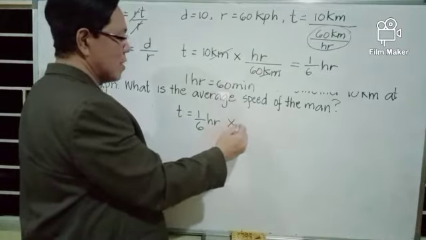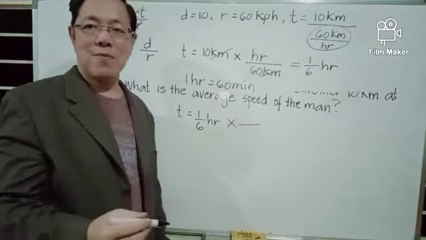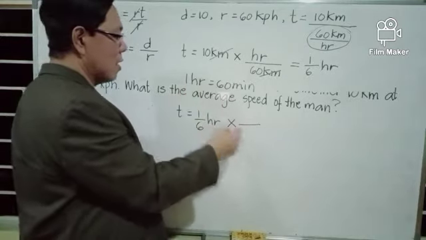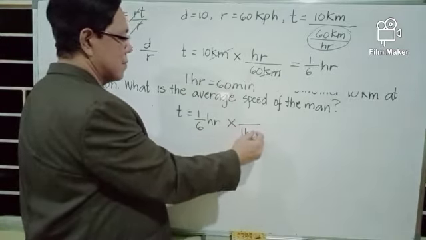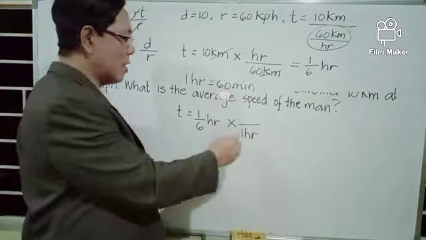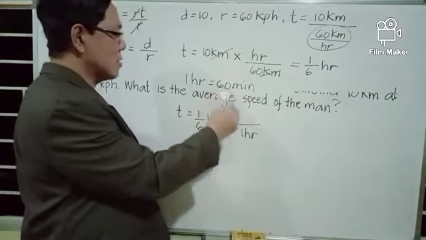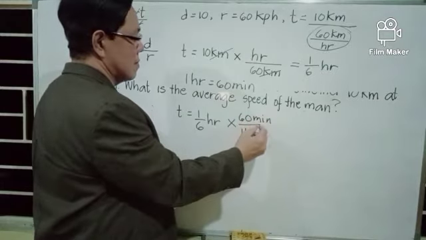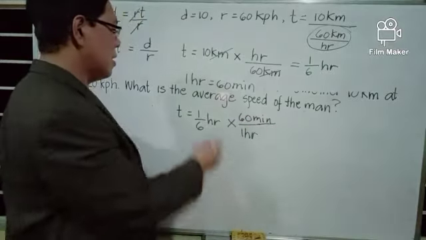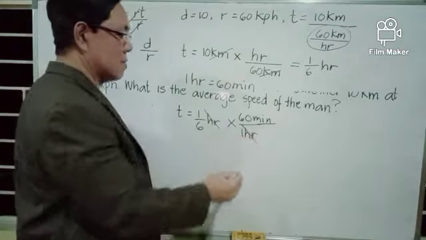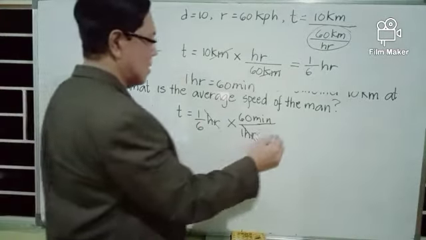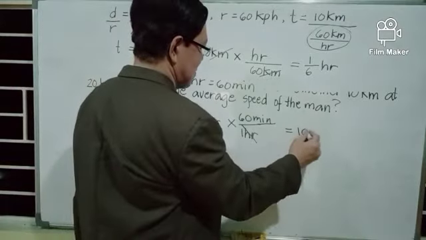We multiply by the conversion factor. A conversion factor is a fraction. And we write 1 r in the denominator so that r and r will cancel out and we write 60 minutes in the numerator. And r will cancel out, and 60 divided by 6 is 10. 10 minutes.